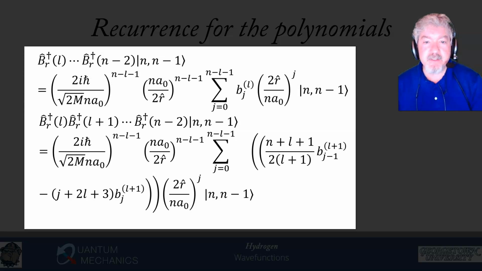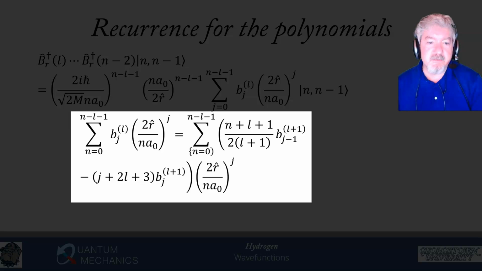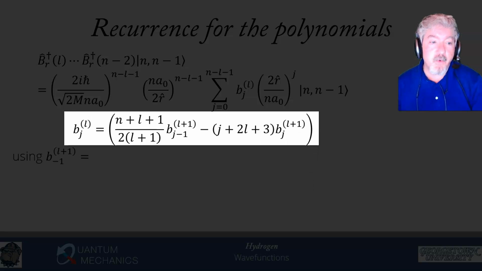You see now the summation still goes from j equals 0 to n minus l minus 1. The prefactors are exactly the same, and it's all acting on the same state. So we just have to equate that big thing in parenthesis with the b j l. So let me summarize what that is going to give you. Here I'm showing you that these polynomials are the same, but I really just care about the coefficients of the polynomials, so I can write it in this form.